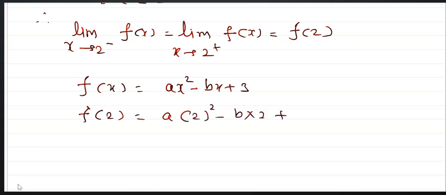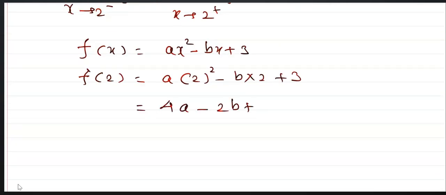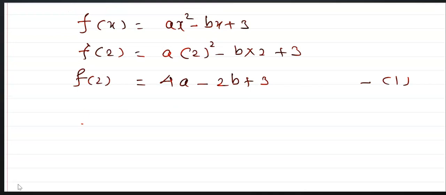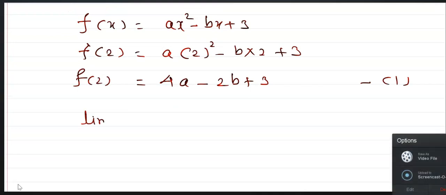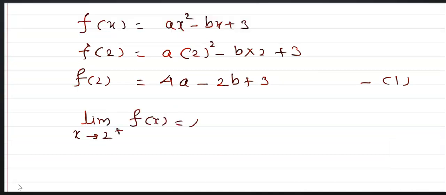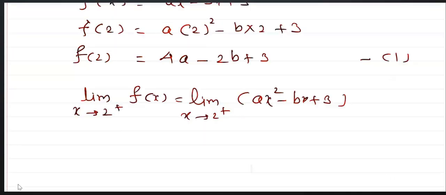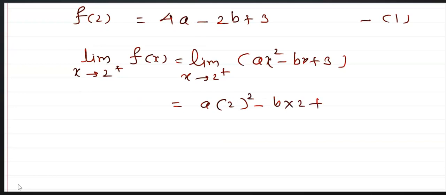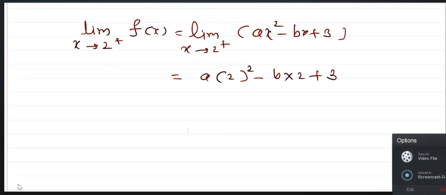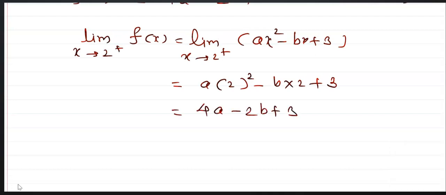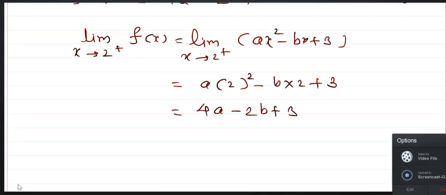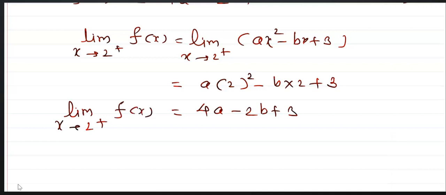F of 2 is equal to a into 2 square minus b into 2 plus 3. This is f of 2, equation number 1. And next, the right hand side limit of ax square minus bx plus 3, that is a into 2 square minus b into 2 plus 3, that is 4a minus 2b plus 3. Limit x tends to 2 of f of x.